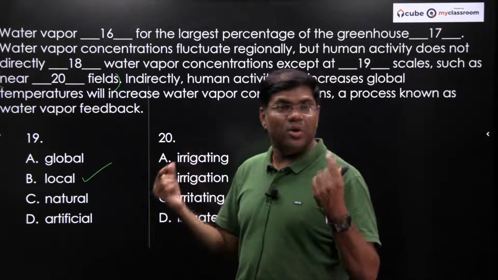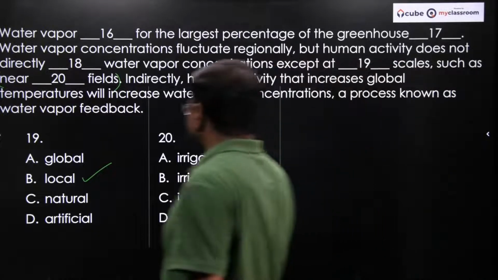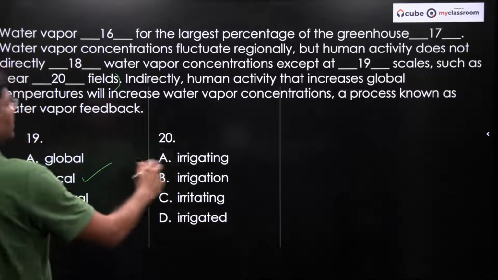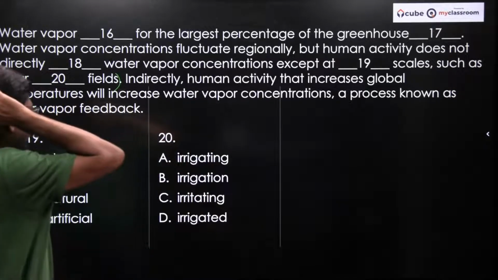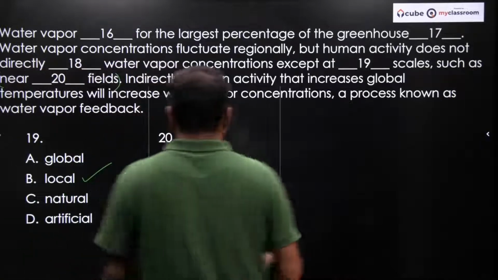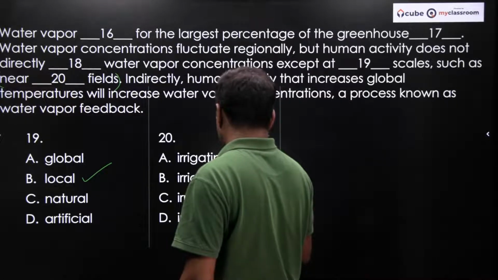You have to understand the logic behind it. So it says here that such as near dash fields, such as, so except at local scales such as near dash fields, correct? So irrigating fields, no. Irritating fields, no. Irrigation fields.